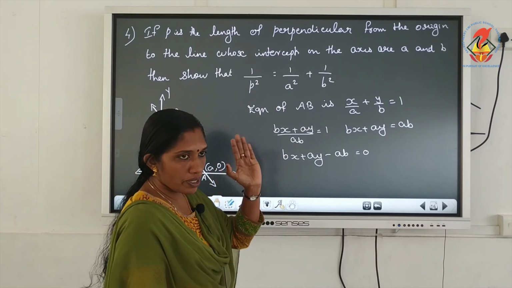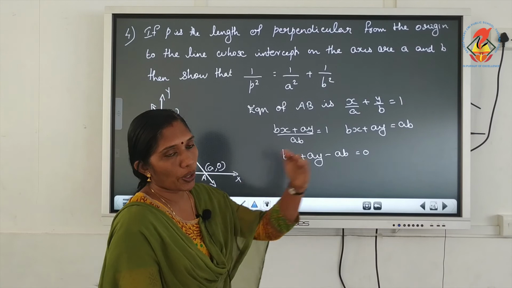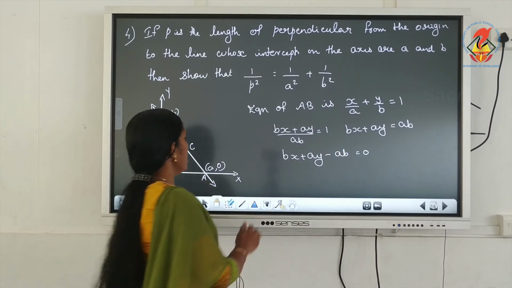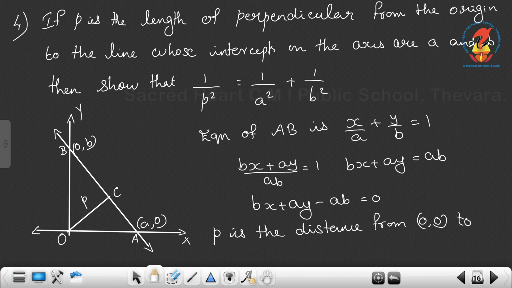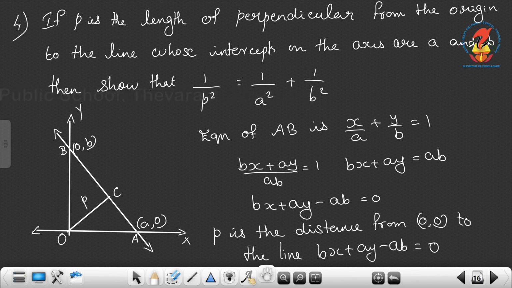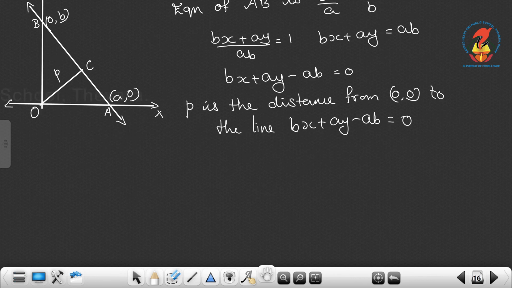So we can use the formula, distance of a point from a line. P is the distance from the origin, from 0, 0, to the line bx plus ay minus ab equal to 0. Now how do we write the distance from a point to the line?